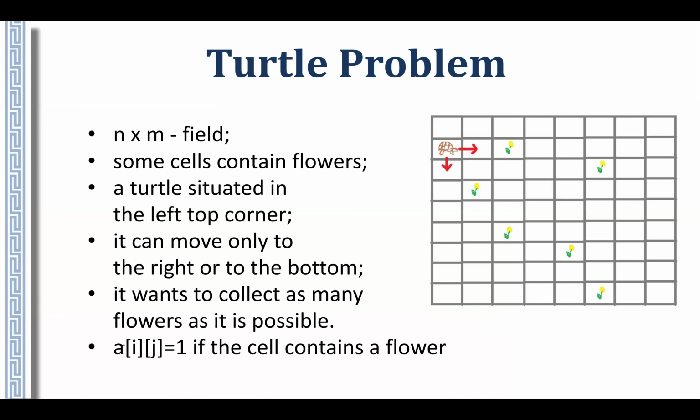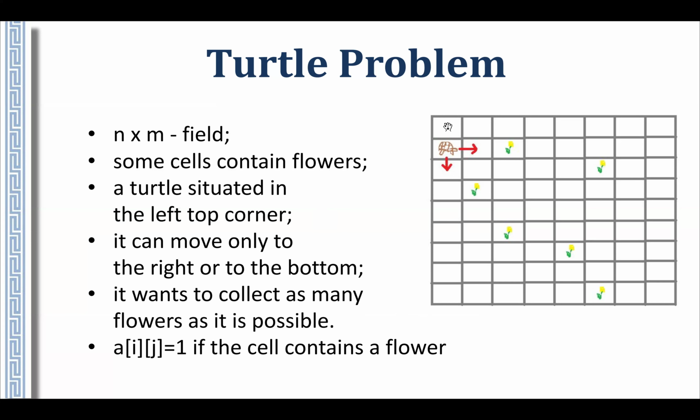We assume that we have already a matrix A that represents this field, such that on positions where we have flowers, there are ones and zeros on empty positions.